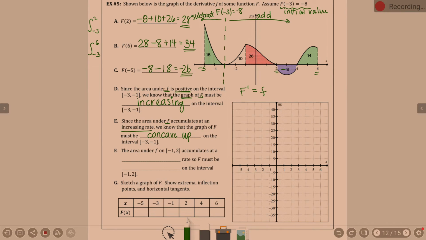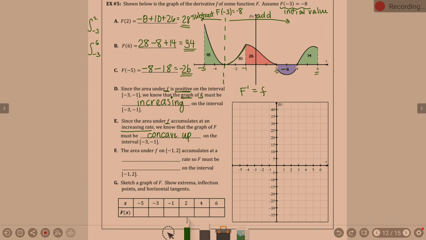The area under F on negative 1 to 2 accumulates at a, what did I say? Negative 1 to 2. So this area is accumulating from negative 1 to 2. What's it doing this time? From negative 3 to negative 1, it was accumulating and increasing.